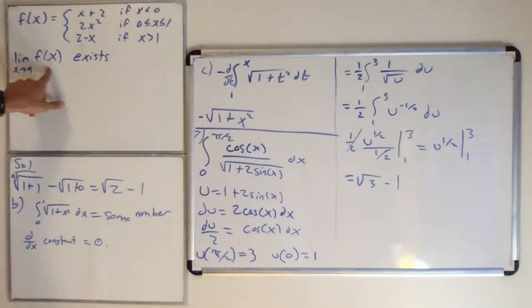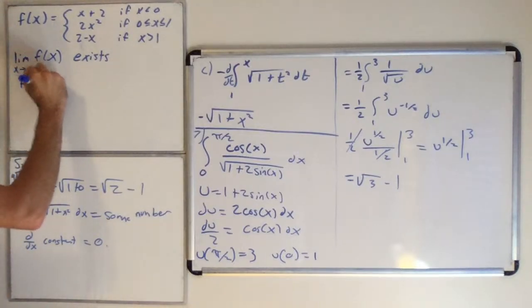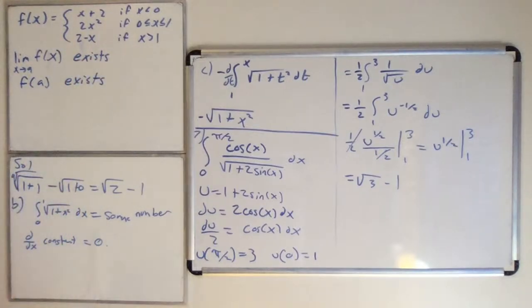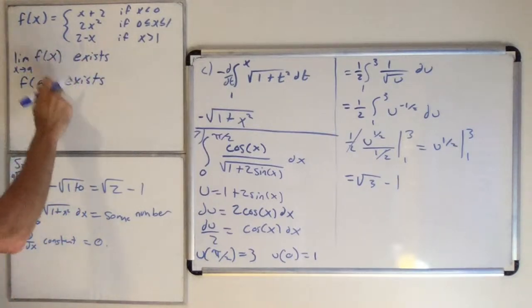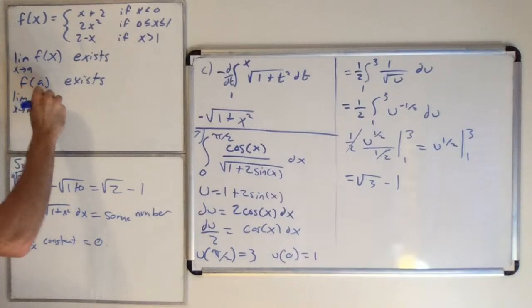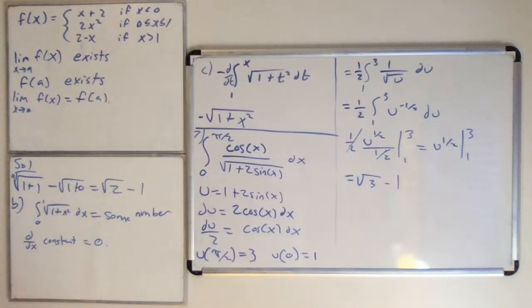Okay, we need this to hold. We need f of a exists. And then we need these values to be the same. Right, so we want to check all 3 of these conditions.